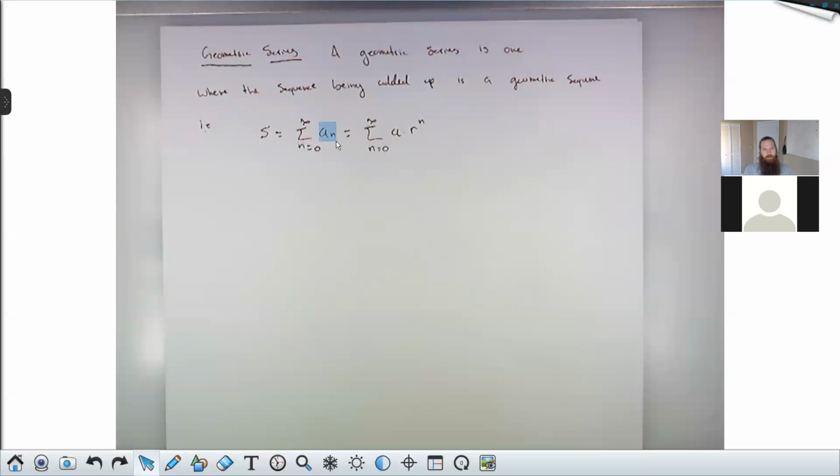So a_n is some constant A times r to the n. That's what a geometric sequence is. So a geometric series is a series, capital sigma, n from 0 to infinity, of A times r to the n.